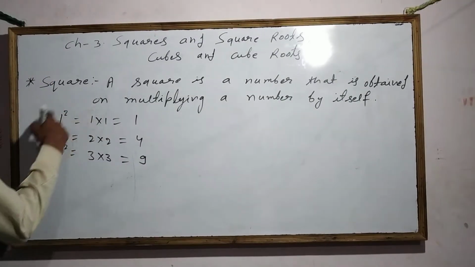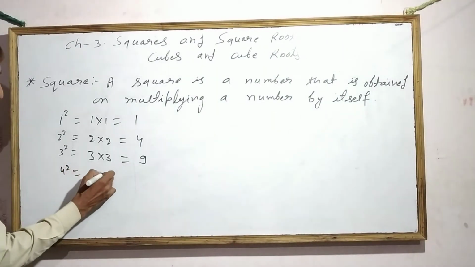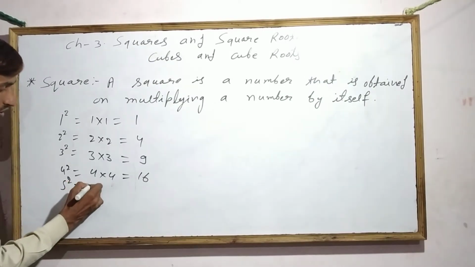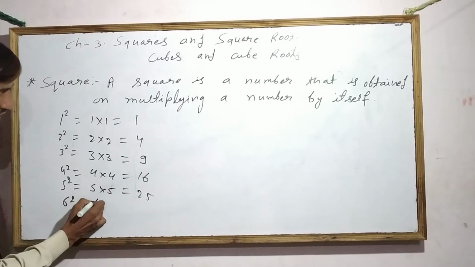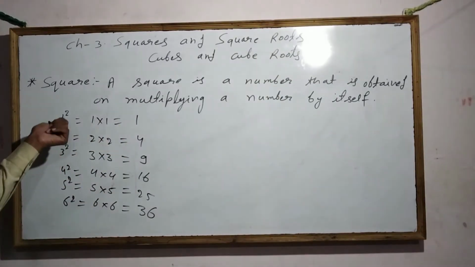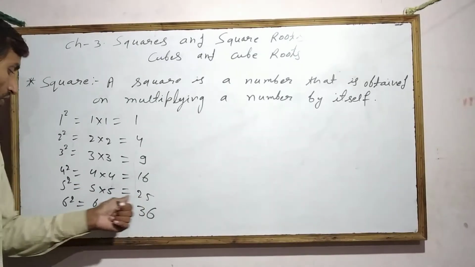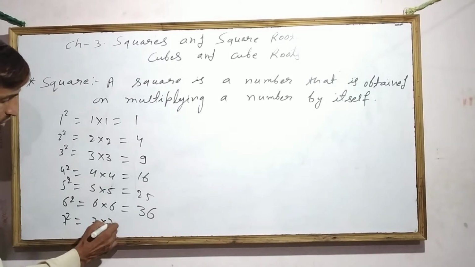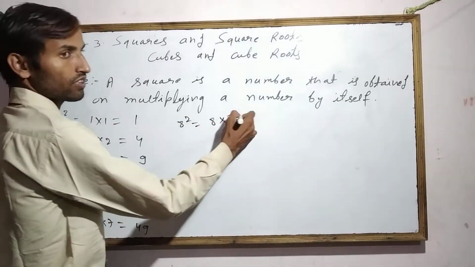So these are the square numbers. 4 square means 4 into 4, 16. 5 square means 5 into 5, that is 25. 6 square is 36. 7 square is 7 into 7, that is 49. 8 square means 8 into 8, that is 64.